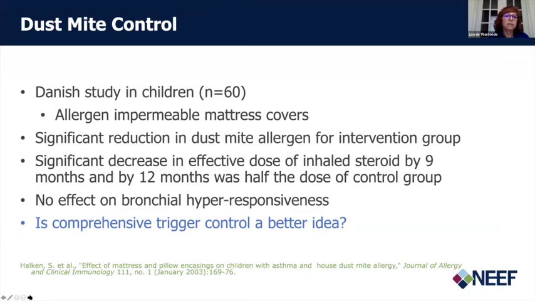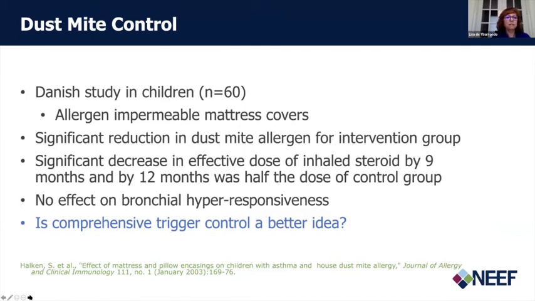And this translated to a significant decrease in effective dose of inhaled corticosteroid by 9 months, and by 12 months, it was half the dose compared to the control group. However, there was no effect on bronchial hyperresponsiveness, which is a measure of asthma control that most pulmonologists and asthma specialists utilize to determine control.